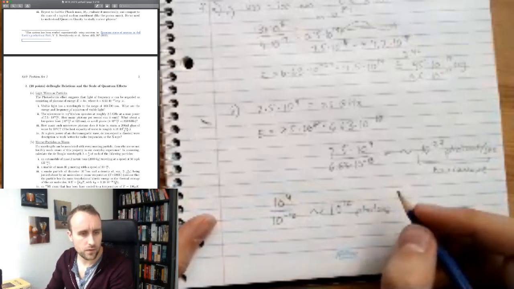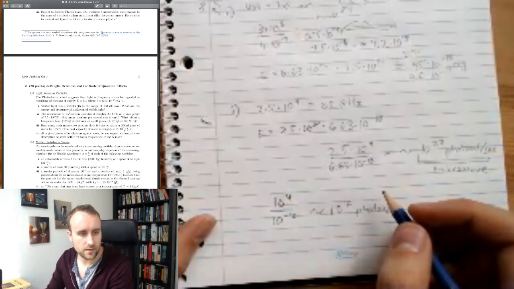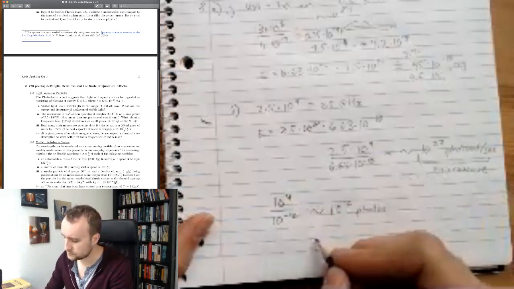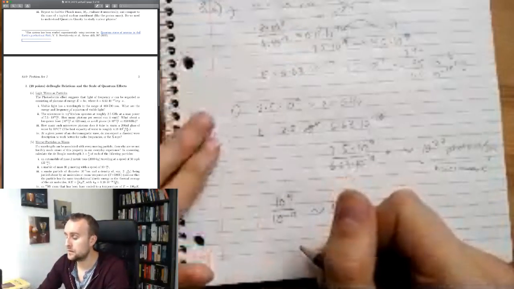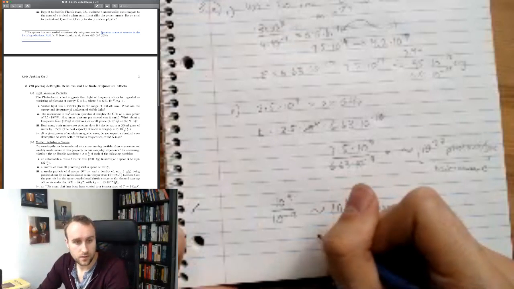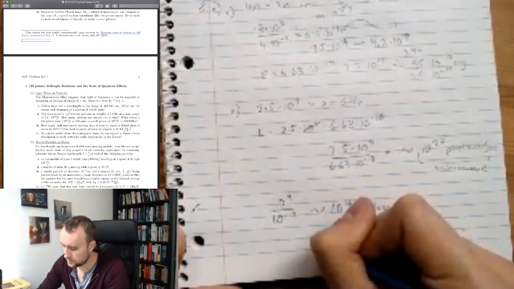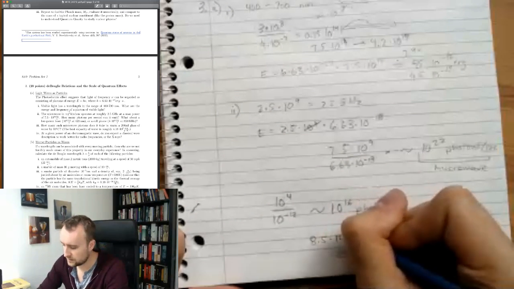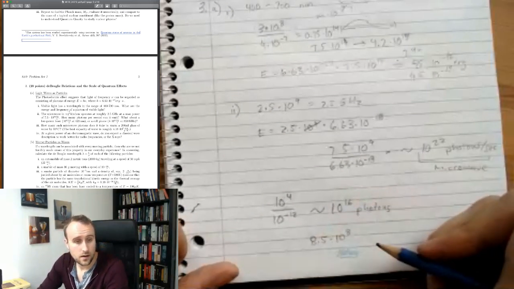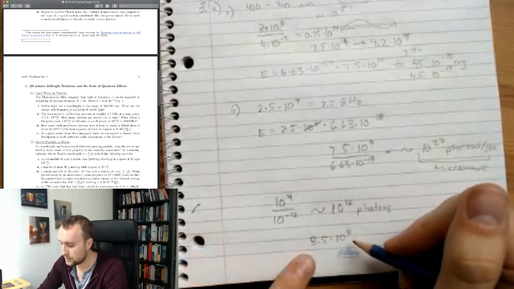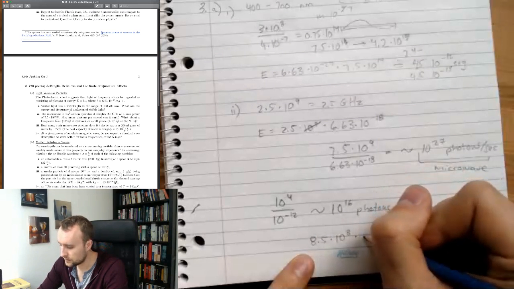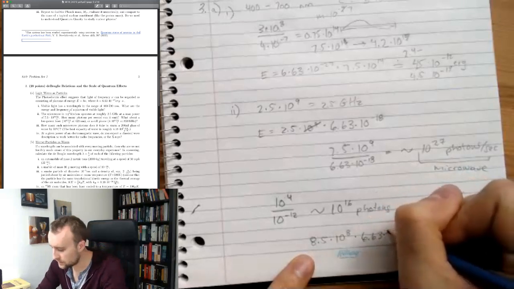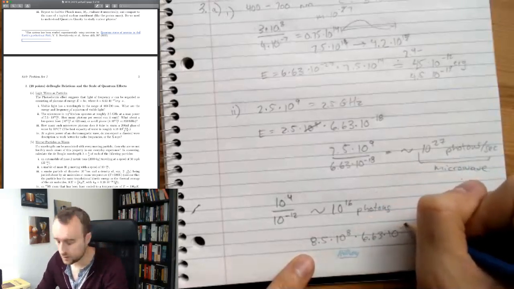And cell phone, 4 times 10 to the 6. 850 megahertz. So megahertz is times 10 to the 6. So 8.5 times 10 to the 8th is the frequency times 6.63 times 10 to the negative 27.